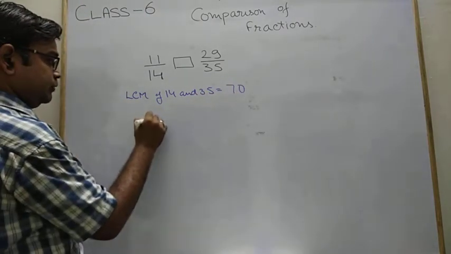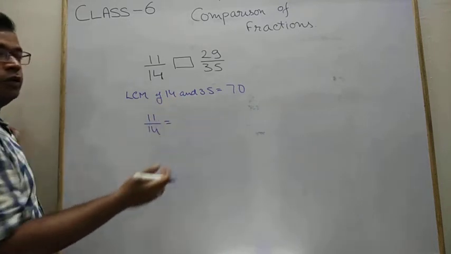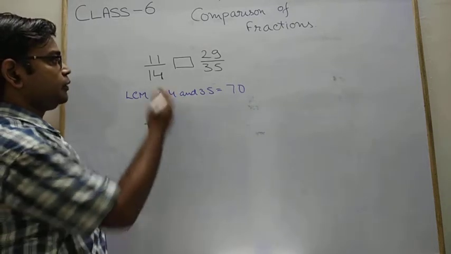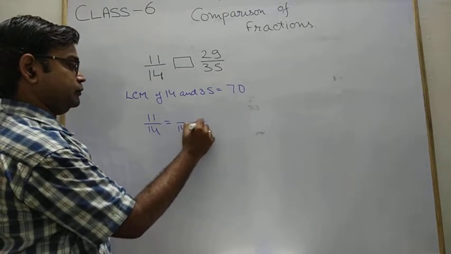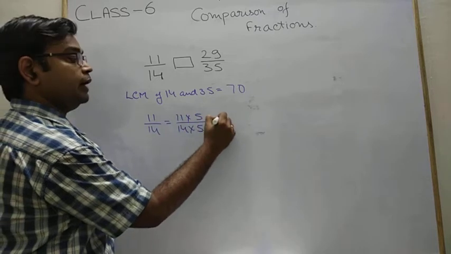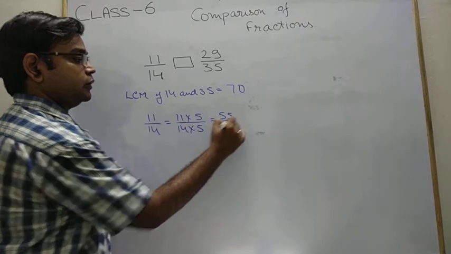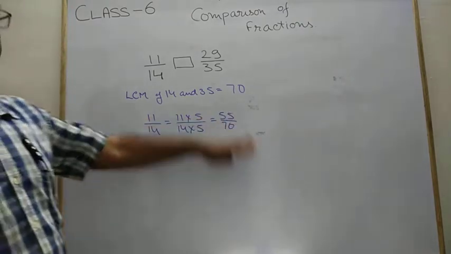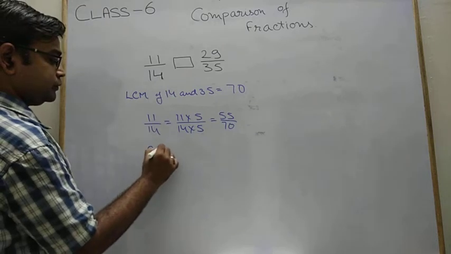Now we can easily convert 11 upon 14 into an equivalent fraction. We multiply 14 by 5, and 11 also by 5, so we have 55 upon 70.